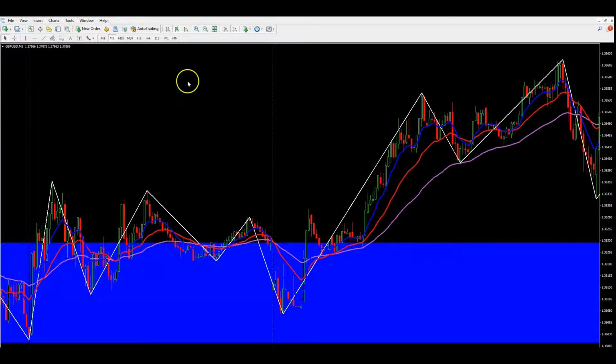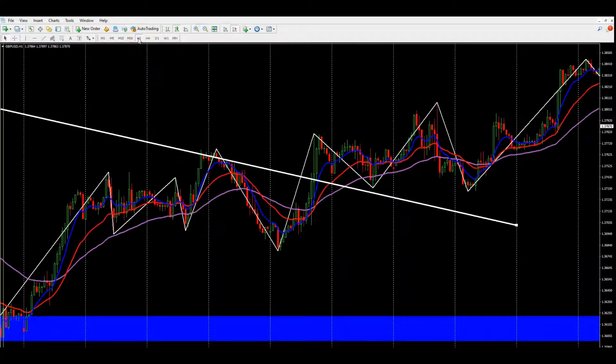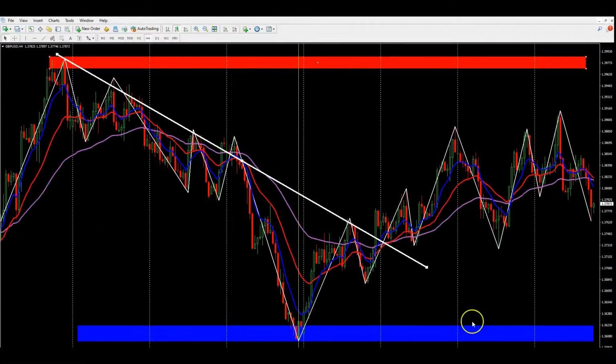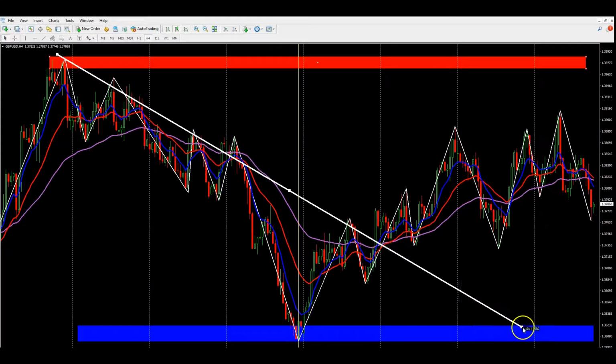So let me go back to my 1-hour so that I can show you when you know you are done with this overall downtrend. Hold on a minute. So let me go to my 4-hour first. Okay, let me pull this down.